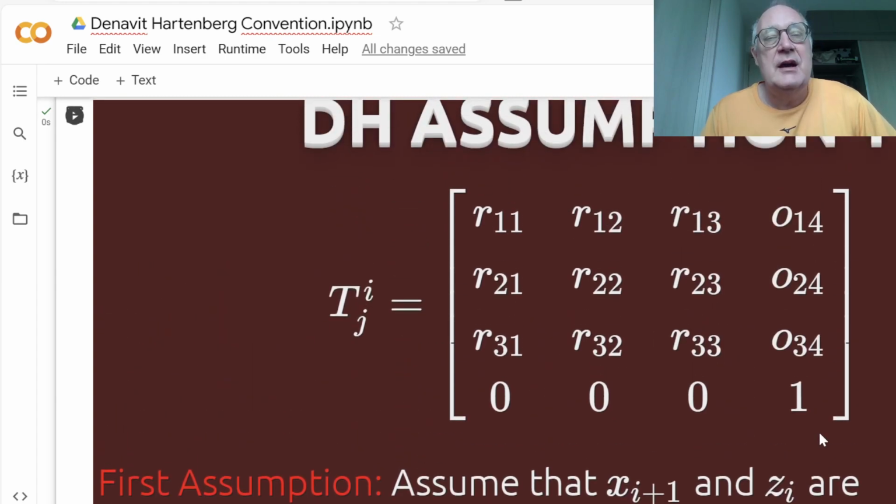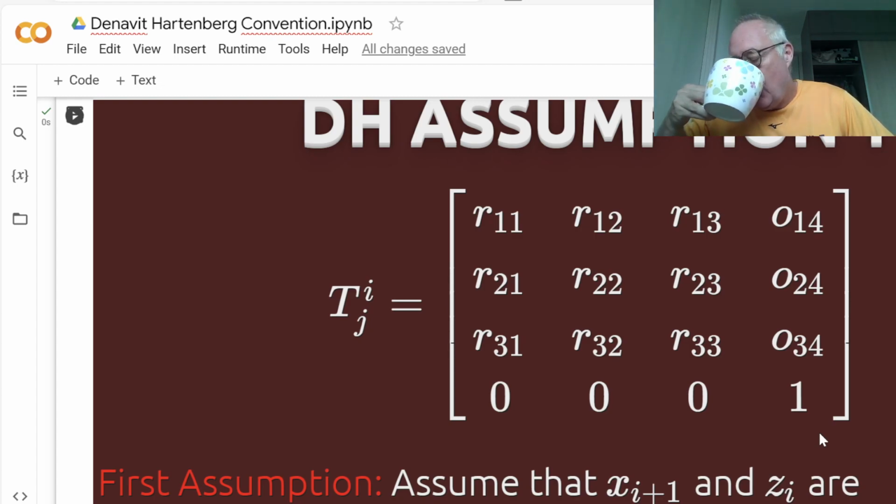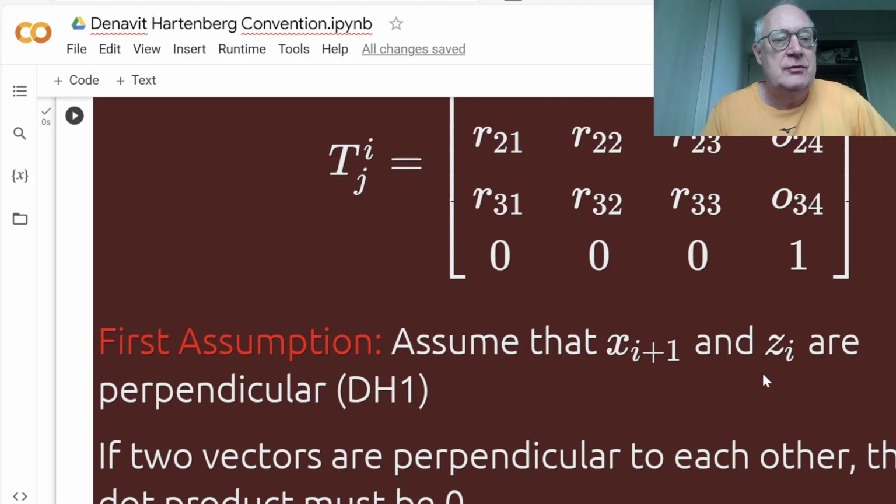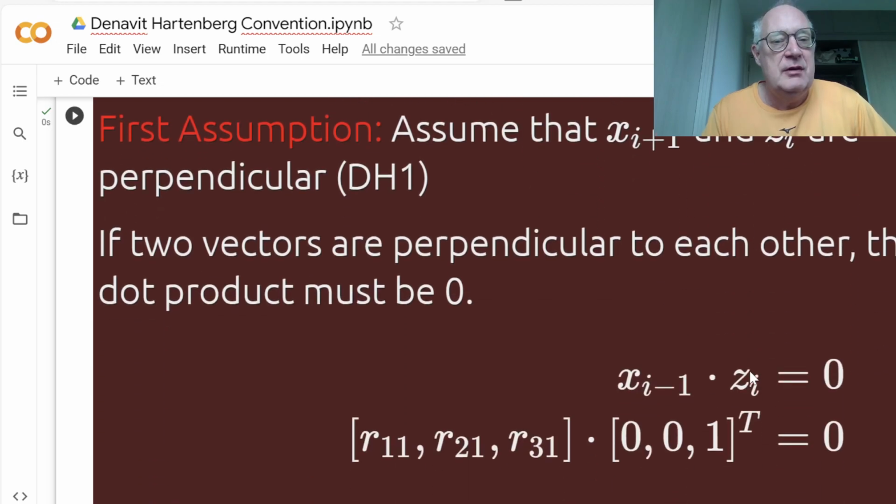Now, why does that make our life easier? Well, if the two vectors are perpendicular to each other, then their dot product must be 0.